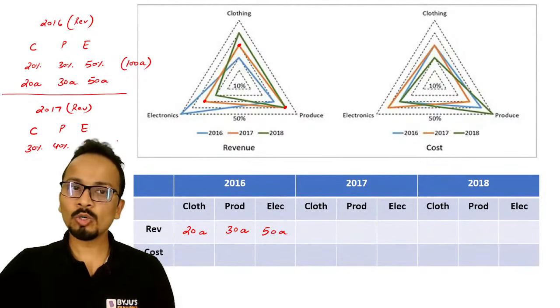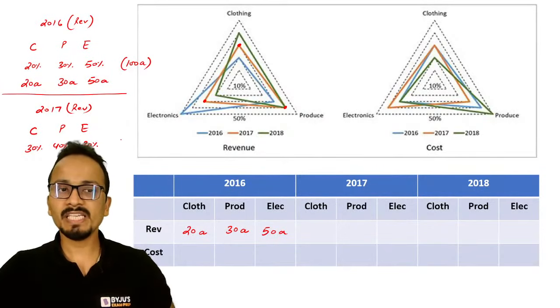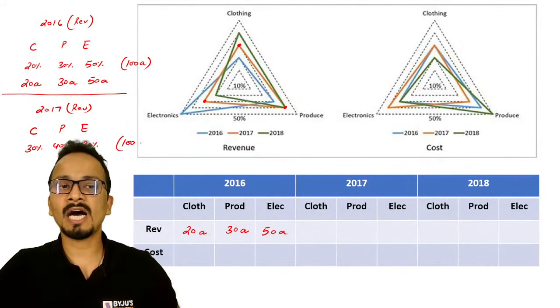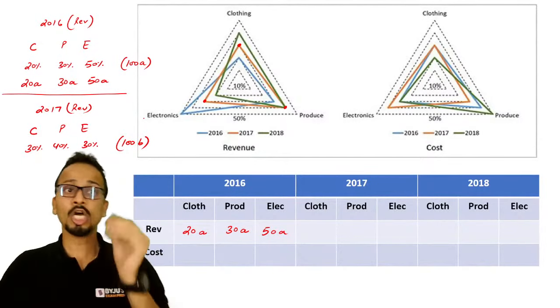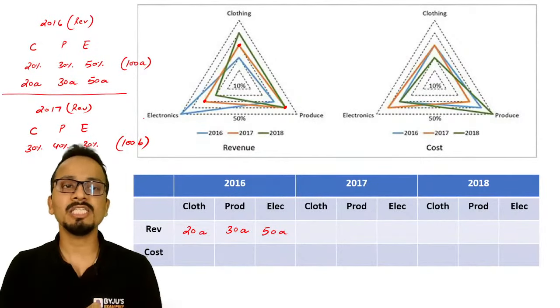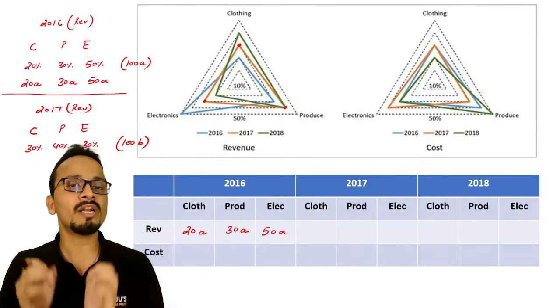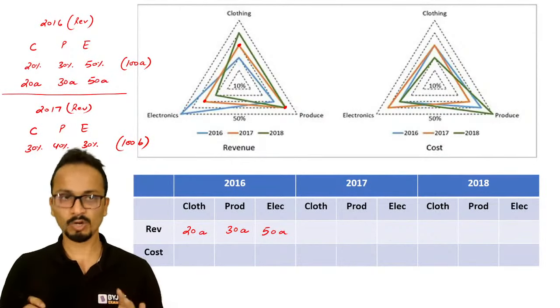Now again, I don't know the total revenue for 2017, so I will assume it as 100B. You will have to take a different variable because the total revenue for 2016 may be different from the total revenue of 2017, right?